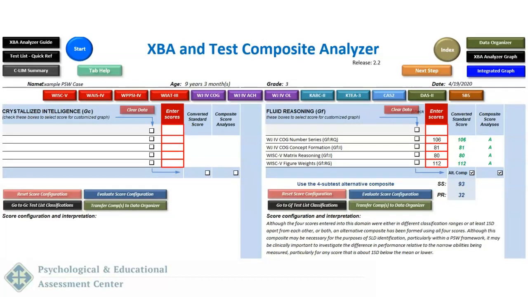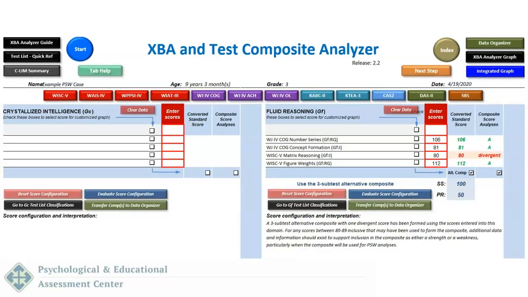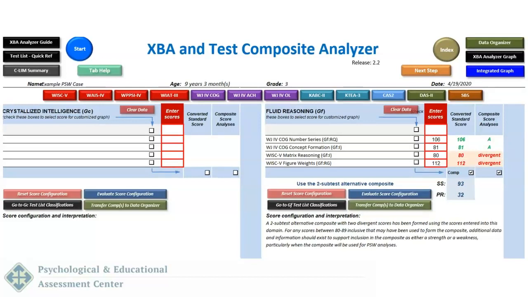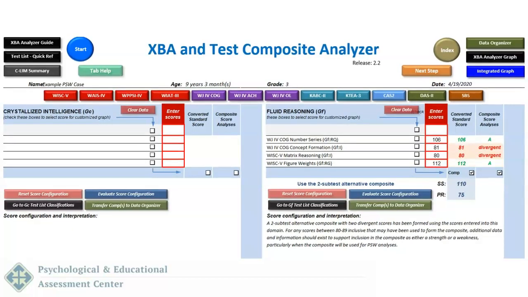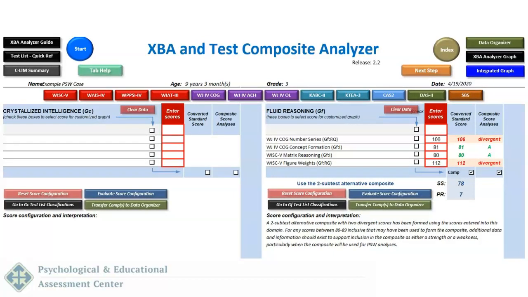The XBAS can include all 4 subtest scores, exclude the lowest subtest score, exclude the highest subtest score, exclude the highest and the lowest subtest score, exclude the 2 lowest subtest scores, and exclude the 2 highest subtest scores.